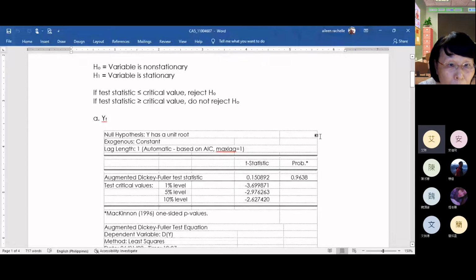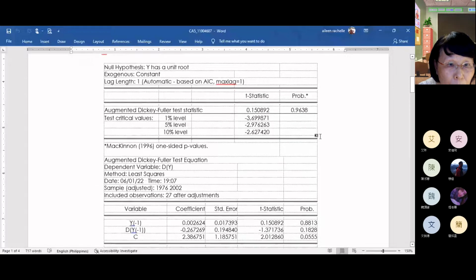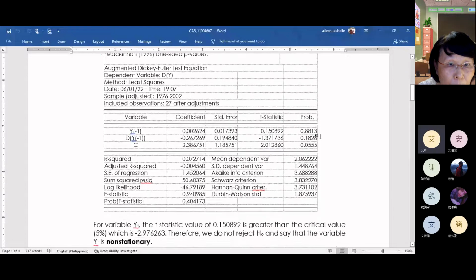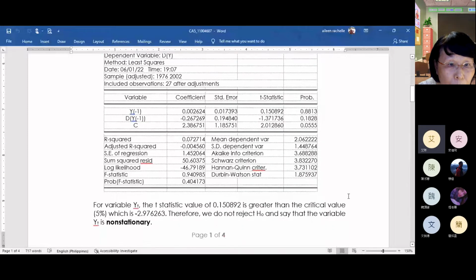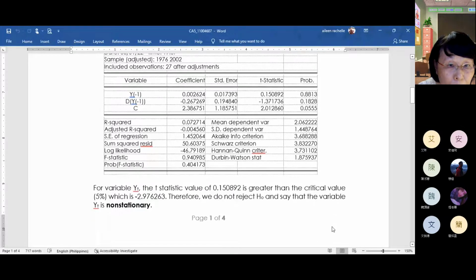For the Y variable, also using the Dickey-Fuller test, the statistic is greater than the critical value, so we do not reject the null hypothesis and say that variable Y is non-stationary.